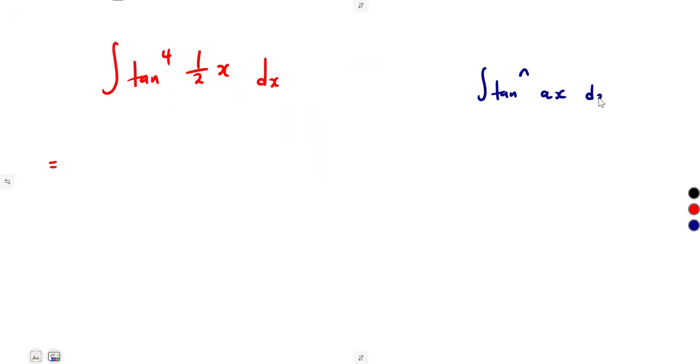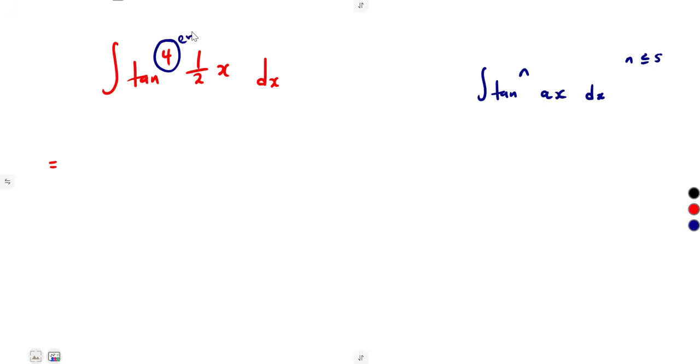Whenever we are asked to integrate this and the value of n is less than or equal to 5, we can have conditions where some of the numbers are even, some of the numbers are odd. So in our case, the exponent there is what?